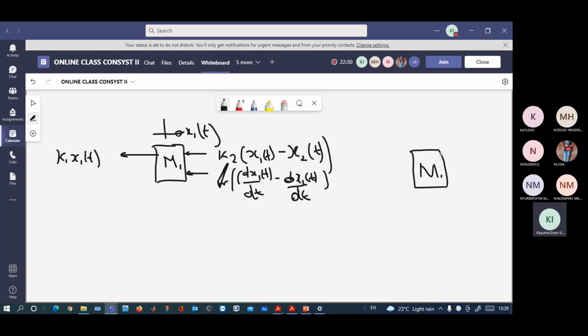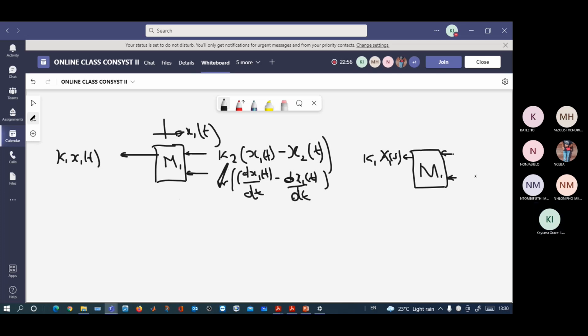We'll have this force acting on this side, the negative one, this one also negative, and this one in the opposite direction. So the free body, this one is going to be K1 times x1 of s.